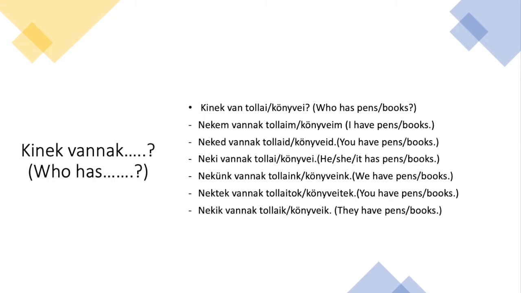Now, in this context, the person that you are asking is the one who has multiple objects. So in Hungarian, you have to modify van into vannak, because at the end of the sentence it's plural nouns. Everything else is the same except the ending of the plural nouns and the verb that's used in the sentence. Instead of van, we use vannak.